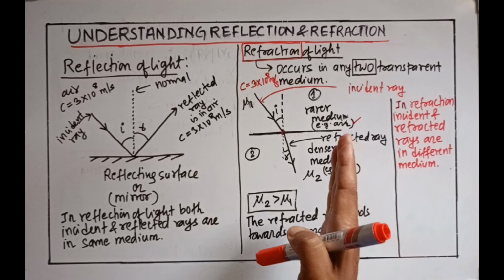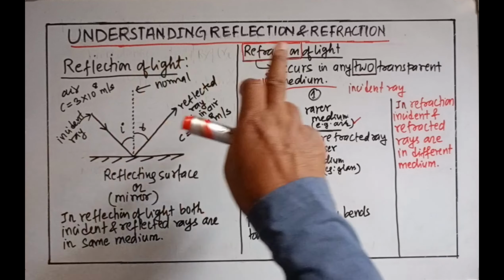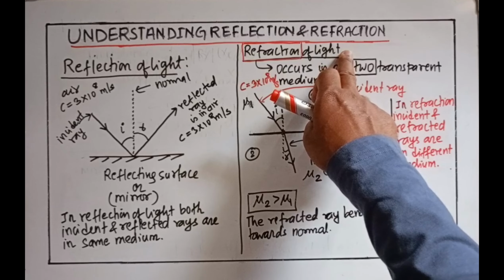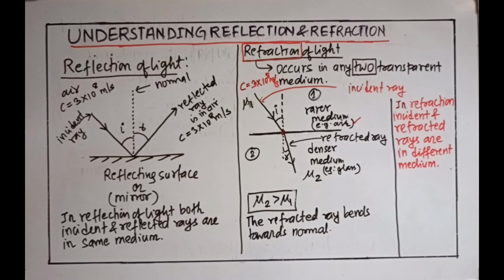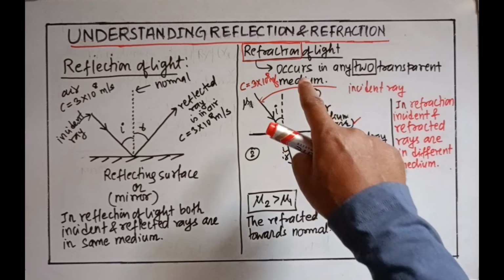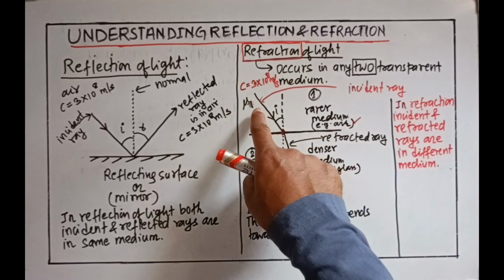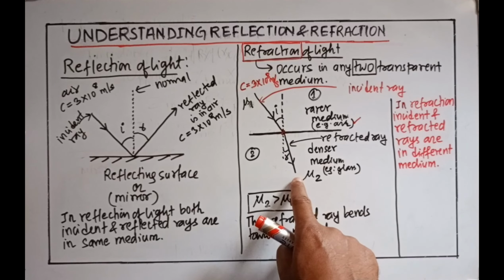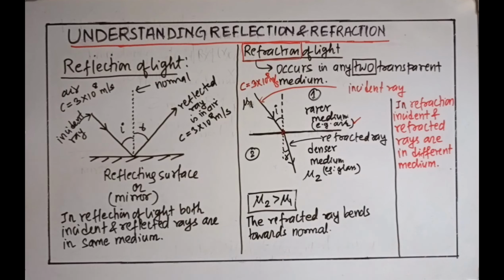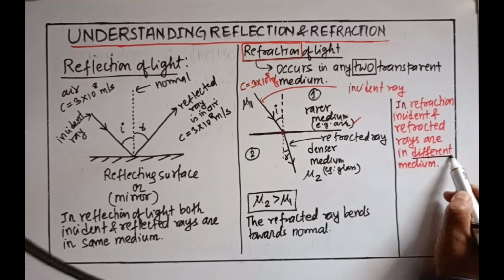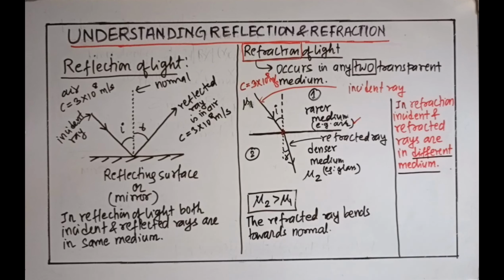So when you compare reflection with refraction of light, in reflection both are in the same medium, whereas in refraction the incident and refracted rays are in different media. So the medium is different.